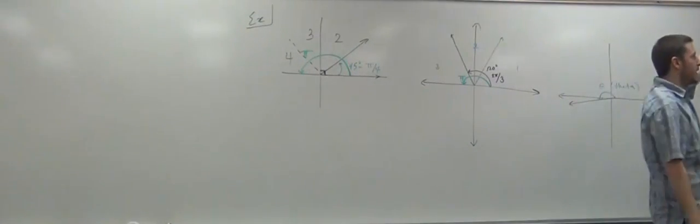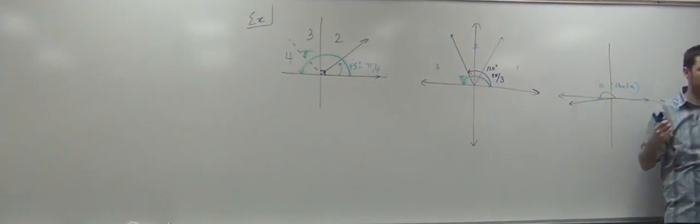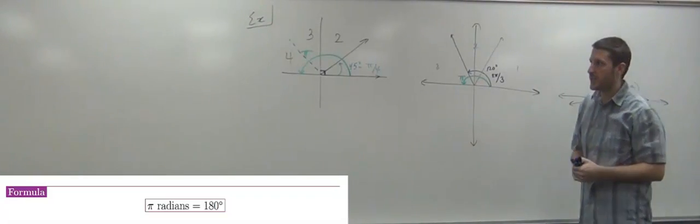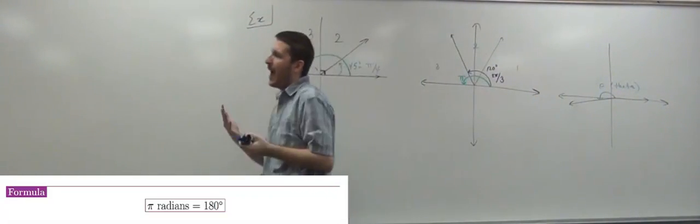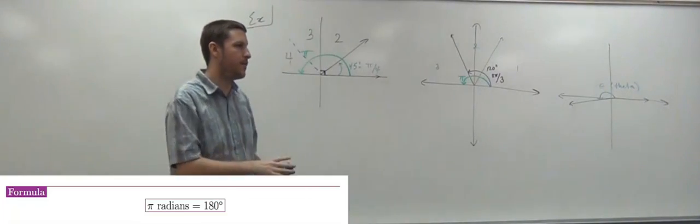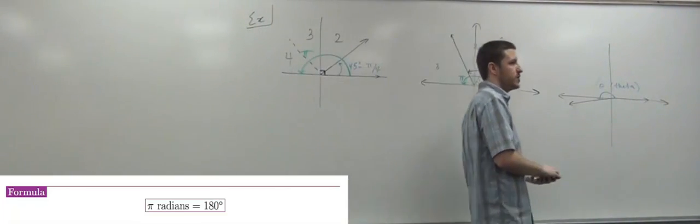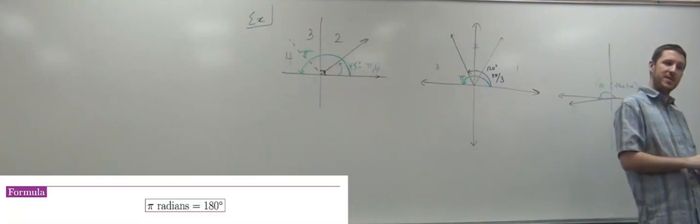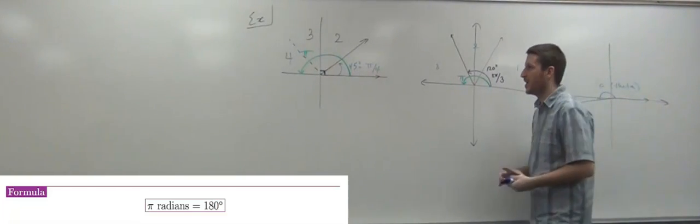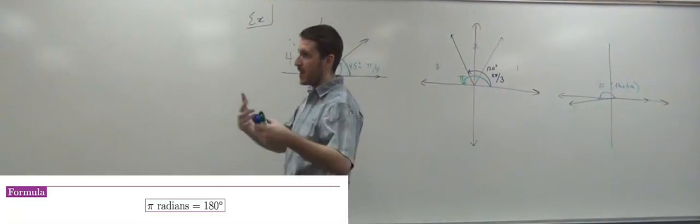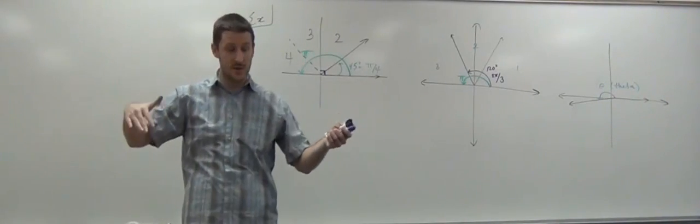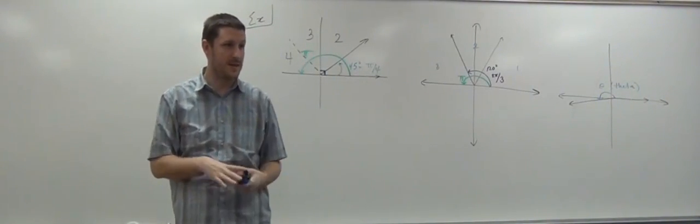There's a formula that will allow you to go between radians and degrees whenever you want. Personally, I don't find this formula super helpful. I think what it allows students to do is be lazy and not learn what I want them to learn. Because if I give them an angle in radians, they'll convert it to degrees first and then graph it, instead of just working in radians.